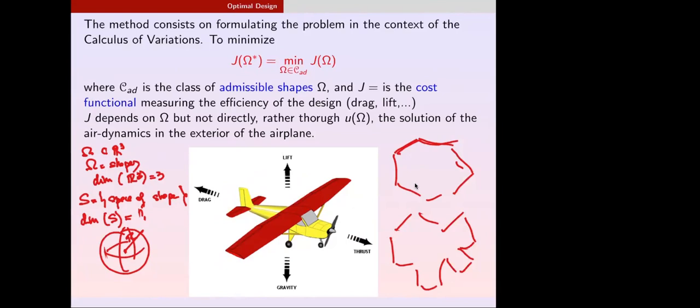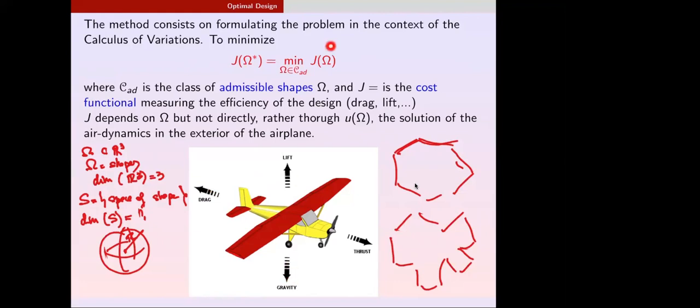Now, they are infinite dimensional problems in the sense that the parameters, the variables to be optimized, live in an infinite dimensional domain. On the other hand, the criteria you have to optimize in order to design the airplane are multifold. They are multiple, right? So in particular, in order to analyze the stability of flight, you need to consider the drag, the thrust, the lift, and the gravity, right?